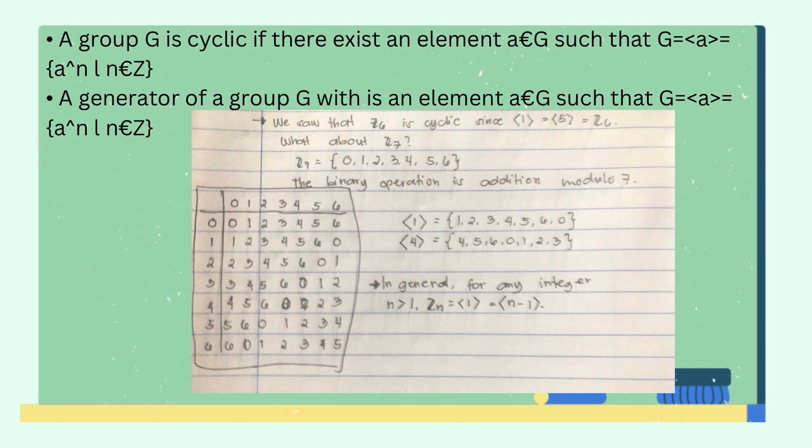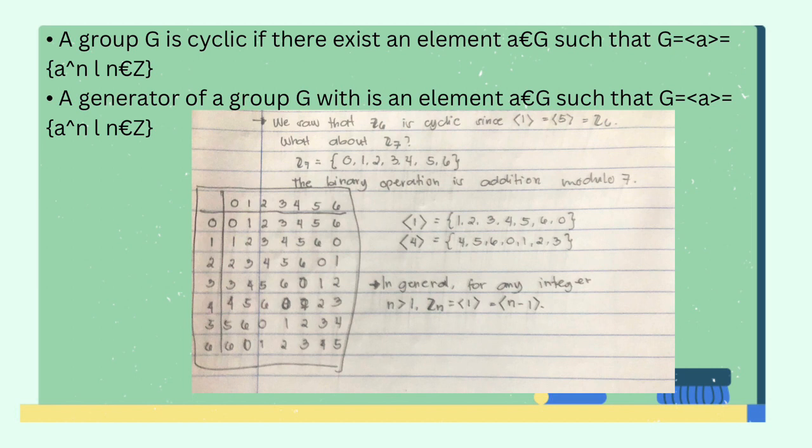If I wanted to rewrite this using additive notation, instead of A to the N, I would have N times A for any integer N. So this is additive notation. And so we see that Z6 is cyclic with generators 1 and 5, while S3 is not cyclic.